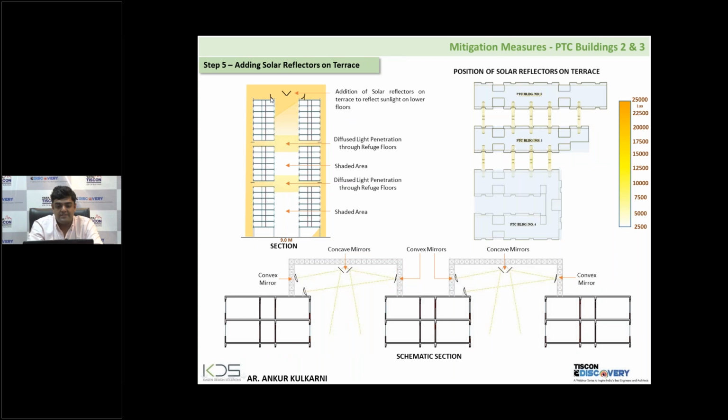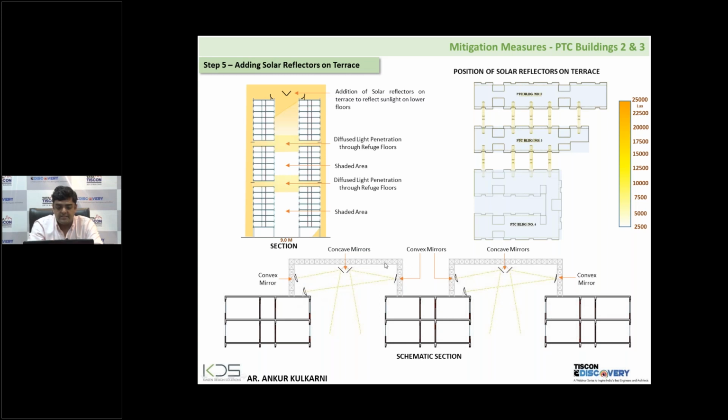And the most important is this reflector strategy. Based on your sun path and your angles, we introduced these sun reflectors on these buildings. How it is going to work, if you can see this section, is a combination of convex as well as concave mirrors.